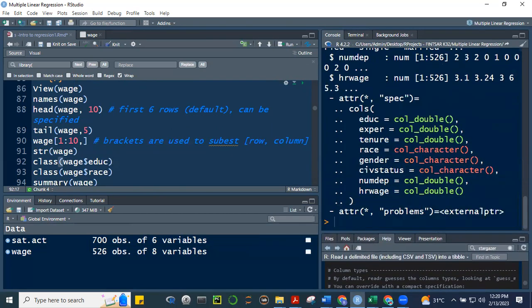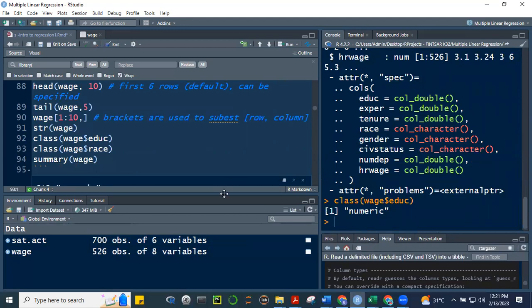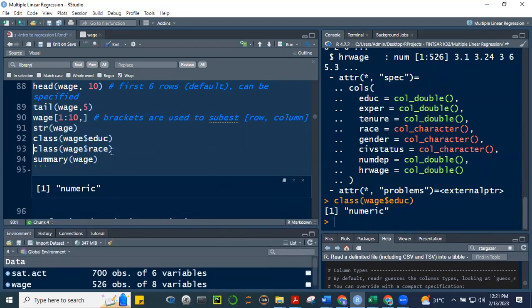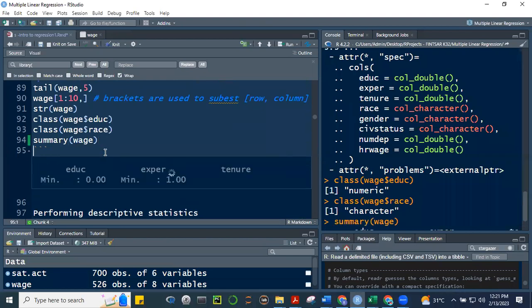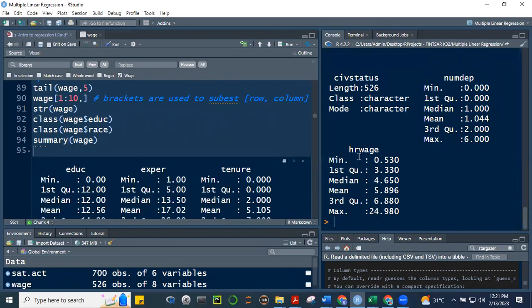In fact, it gives us here the class of the data. Class of wage dollar education is numeric. About race, race is character. And the summary of the wage is, let's take a look at the summary.